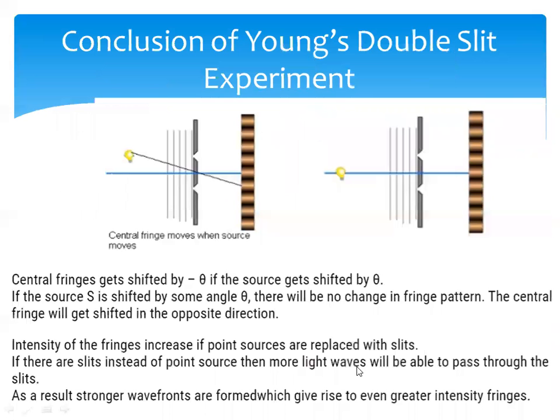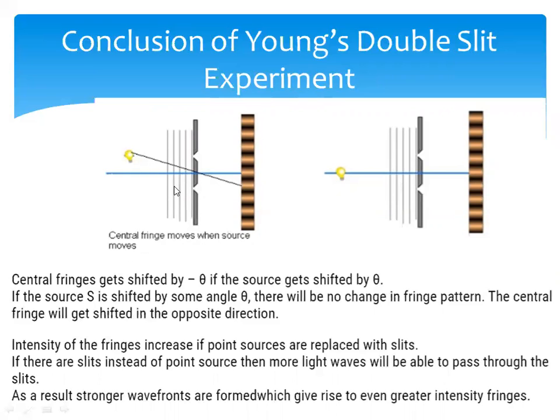So what is the conclusion for Young's double slit experiment? If the light source at the center makes the central bright band, and if the light source is moved by an angle theta, this central bright band will also move correspondingly. The central fringe moves when the source moves. This is the central fringe where the light is straight, and if the light moves over here, this fringe will also start moving down.